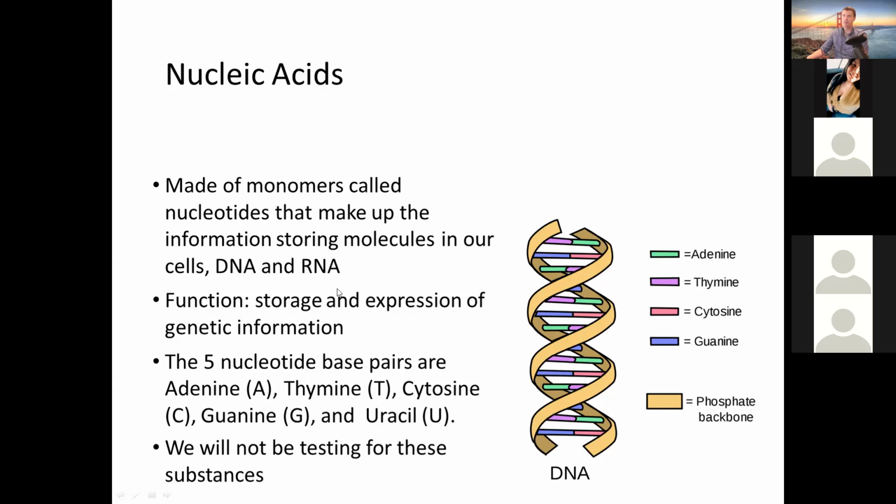We also have uracil, which is found in RNA, which is not shown here. The function is to store and express genetic information. And just to repeat again, the 5 nucleotide bases are adenine, thymine, cytosine, guanine, and uracil.